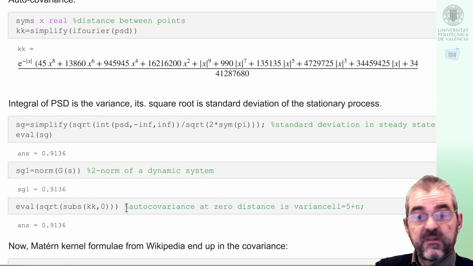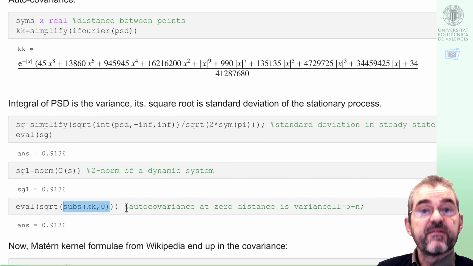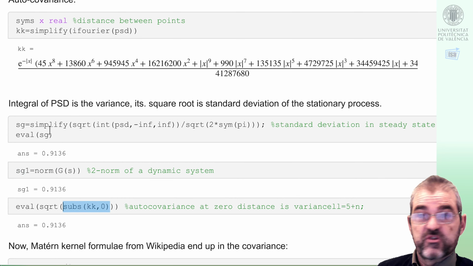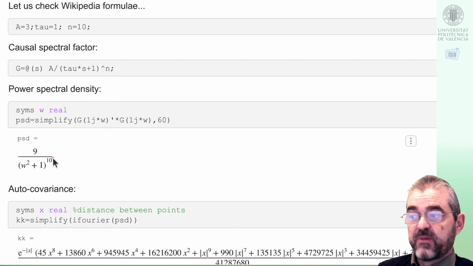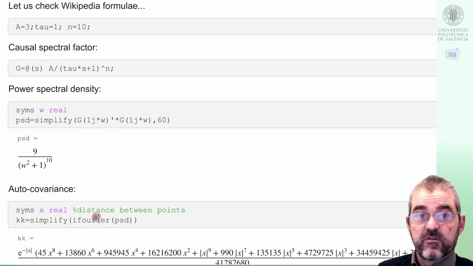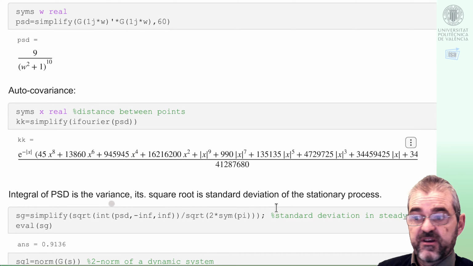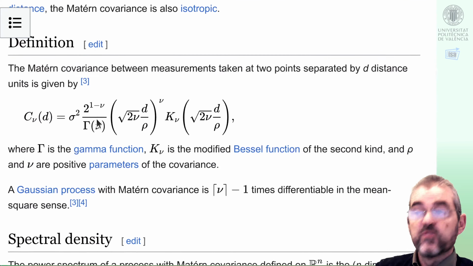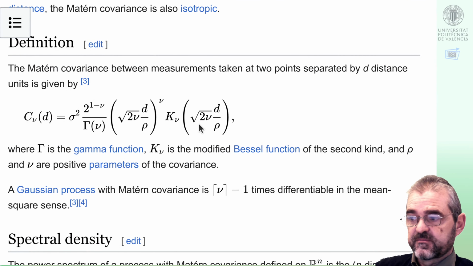And of course, if I substitute a time separation of 0 in the covariance, then I get again the same value. So from spectral factor, power density and inverse transform, we get the covariance function, and indeed we check without proof, of course, that it coincides with this Gamma and Bessel formula.